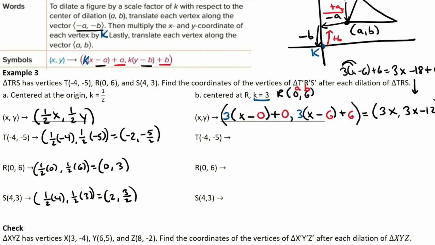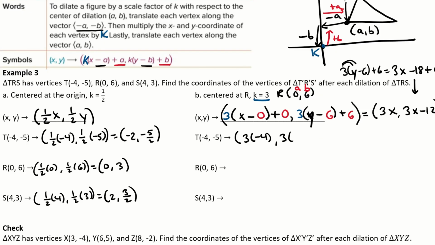Now we apply this transformation. x is negative 4, so we replace it, and the y coordinate is negative 5. Oh, and I put x here. This should say y, not x. I apologize for that. Sometimes my x's look like y's, and I end up changing them.